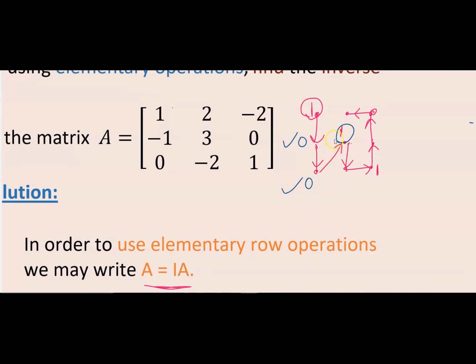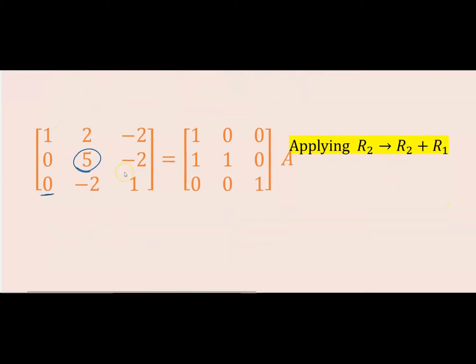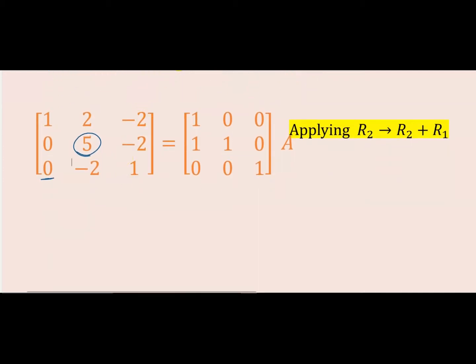We just need to convert this to 1. According to this, 5 should be 1. Which operation can we apply here? If we apply the operation on R2 with R1, this value will change, so better we apply it with R3 so that this remains 0.